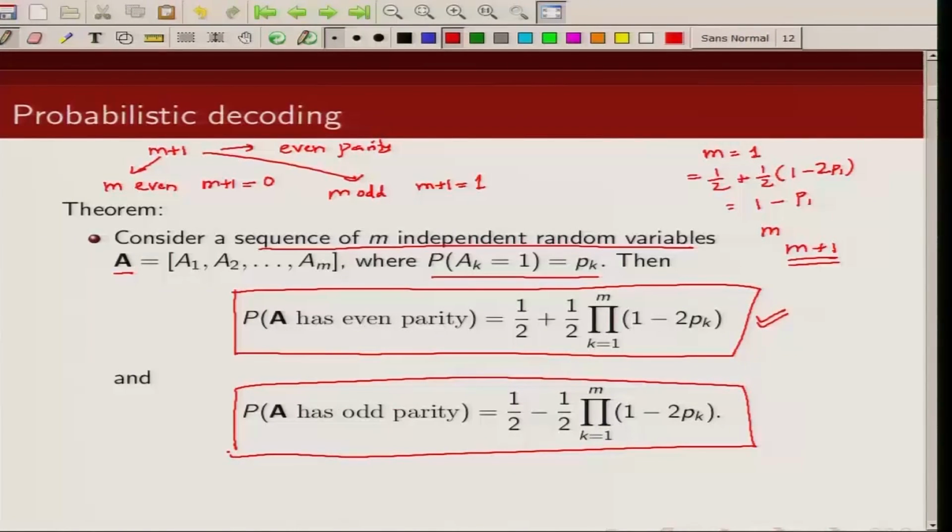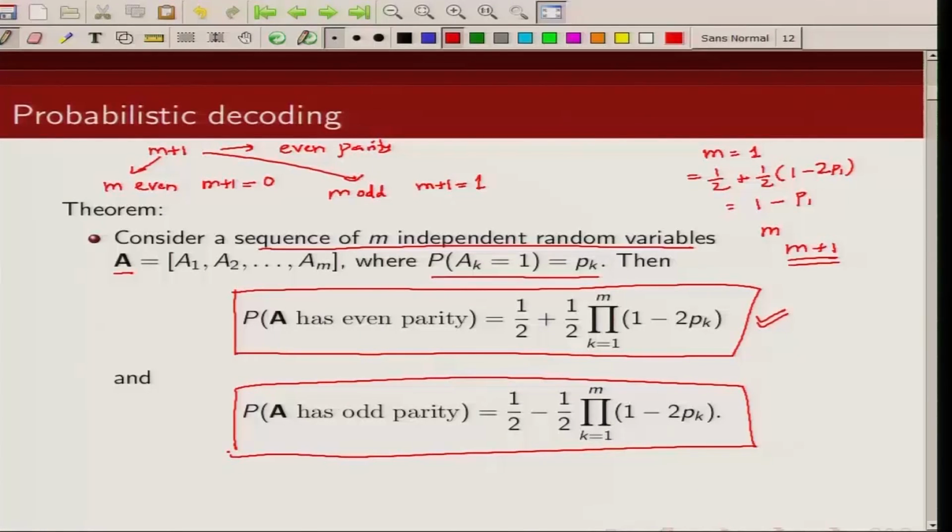Either m of them had even parity and the (m plus 1)th bit is 0, or the sum of m independent random variables gives odd parity and the (m plus 1)th bit is 1, so that we get even parity overall for m plus 1.